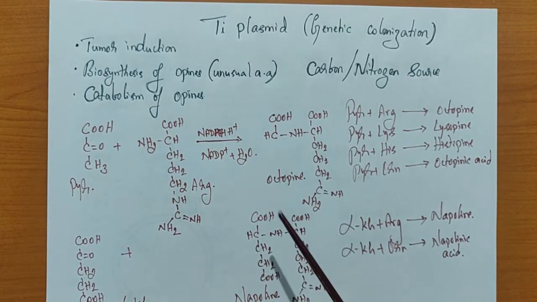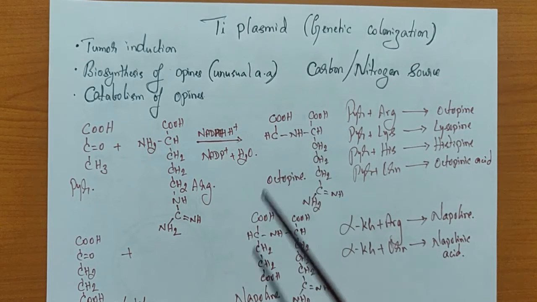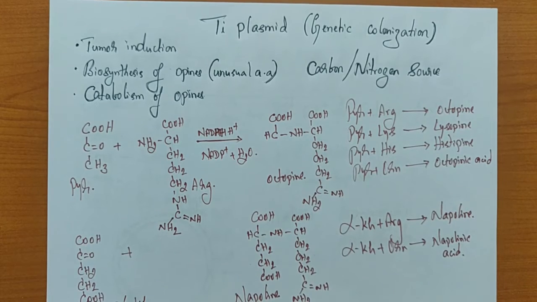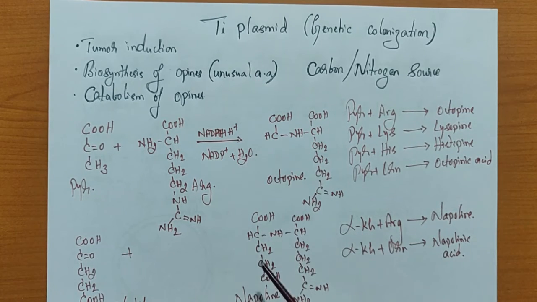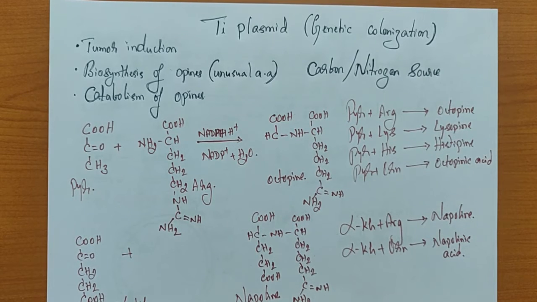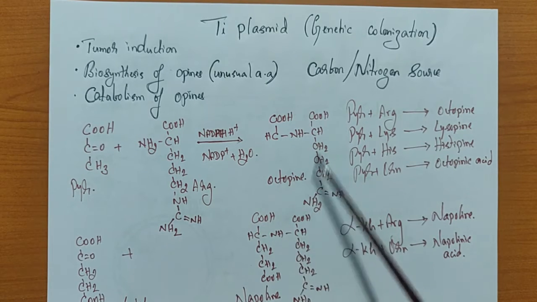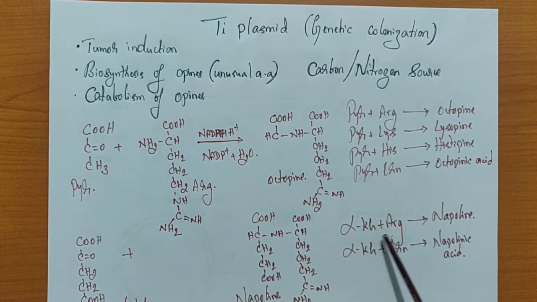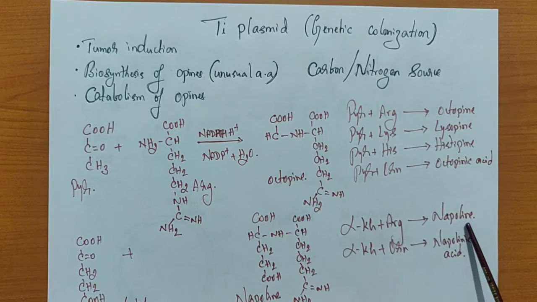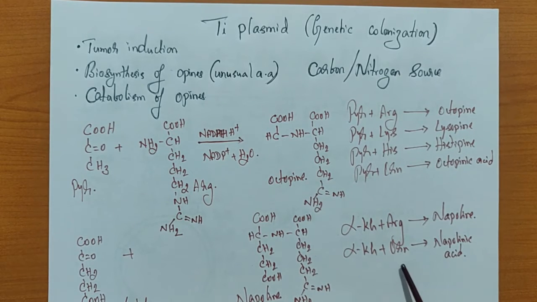of the Ti plasmid. We also have one class of plasmid in which nopalines are synthesized. In case of nopaline, instead of pyruvate, the keto acid is alpha ketoglutarate. This keto acid will undergo a similar reaction with arginine. So alpha ketoglutarate with arginine gives rise to nopaline. Nopaline synthase can also produce nopalinic acid with alpha ketoglutarate and ornithine.